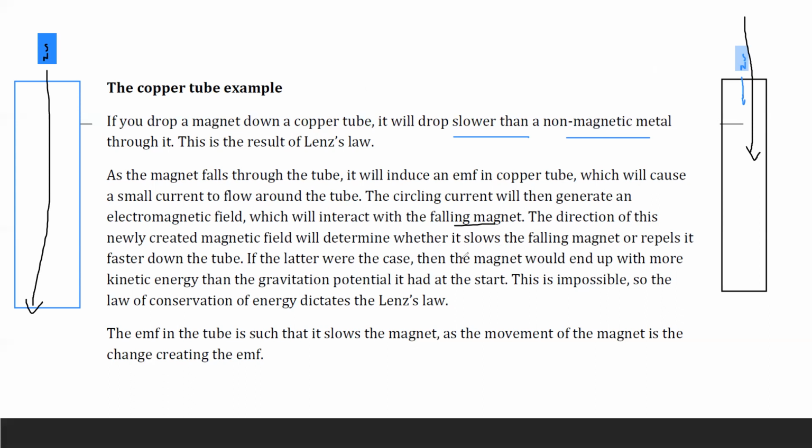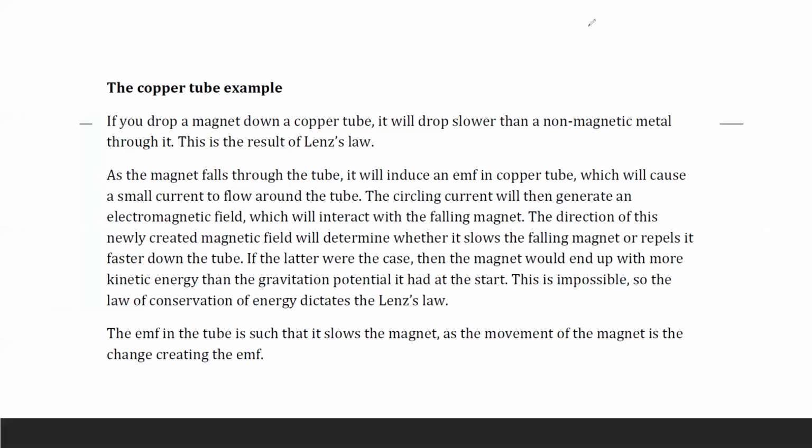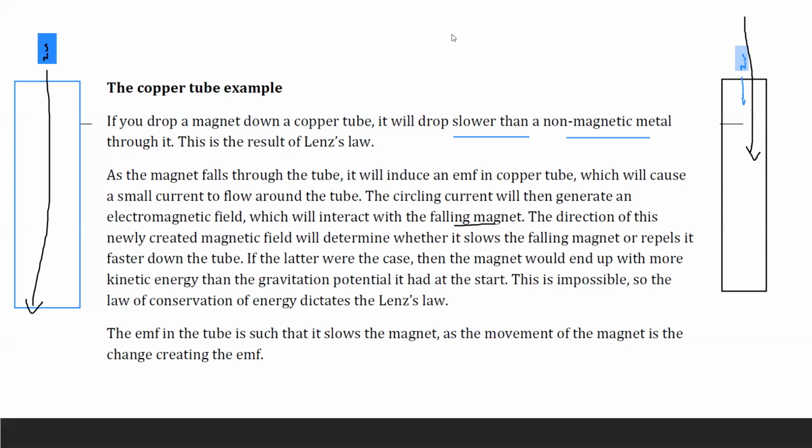Otherwise the magnet would end up with more kinetic energy. Like first, when it is moving towards the center, the magnetic field is increasing, so it will try to decrease, but moving away from the center, the magnetic field is decreasing, so it will try to increase.